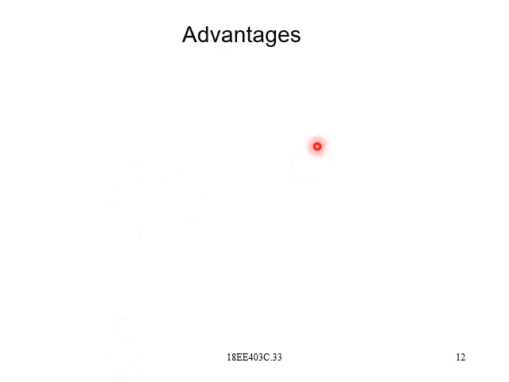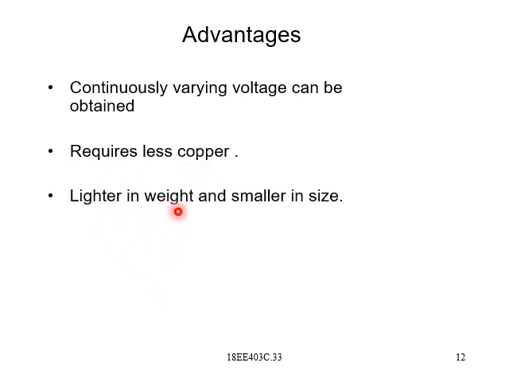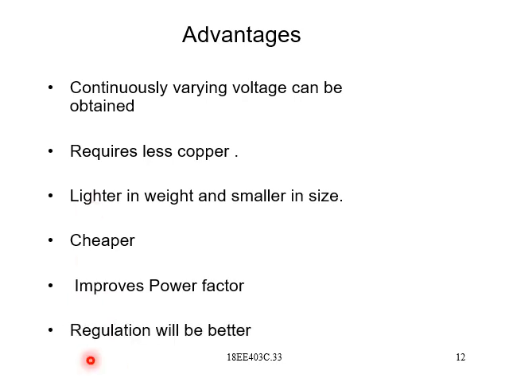We'll see some advantages of the auto transformer. Continuously varying voltage can be obtained, it requires less copper, lighter in weight and smaller in size, and cheaper in cost.